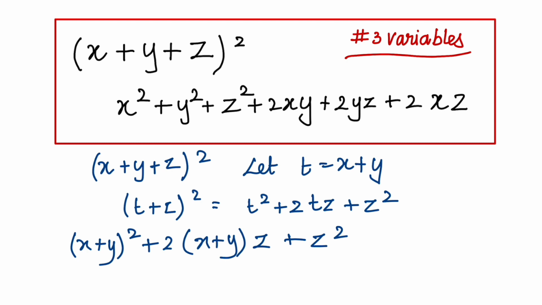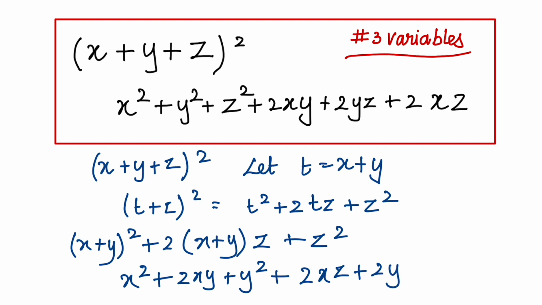Let me first expand (x + y)², which is x² + 2xy + y², and then we have 2 into (x + y) into z, which is going to be 2xz + 2yz + z².